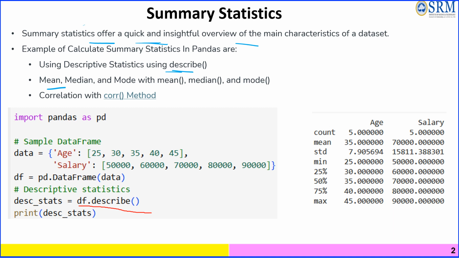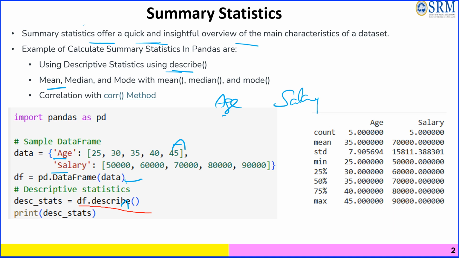Let's take the first example. In the first example, there are two columns, age column and salary column. First you have to frame a data frame. The data frame is not given, but we can print it. You have age and then salary.